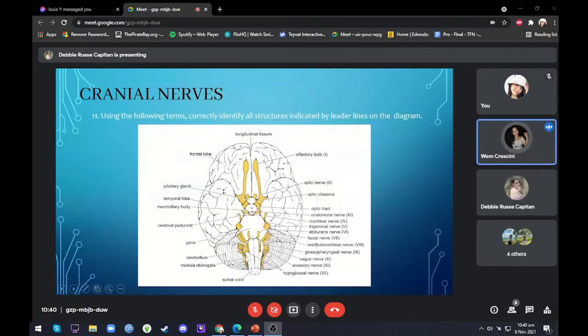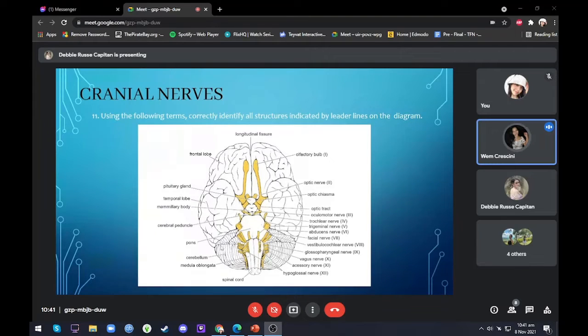And on the right side of the brain, we have the olfactory bulb, and then the second one, the optic nerve, and then the optic chiasma, the optic tract, the oculomotor nerve, the trochlear nerve, the trigeminal nerve, the abducens nerve, the facial nerve, the vestibulocochlear nerve, and we have here the glossopharyngeal nerve and the vagus nerve.